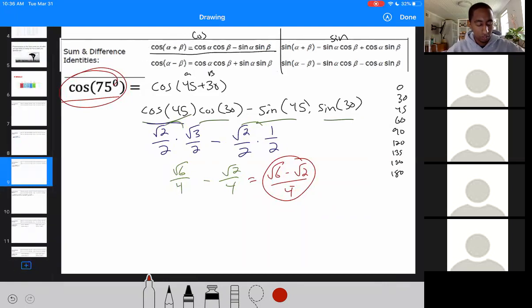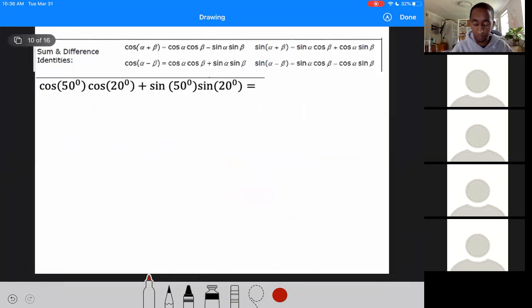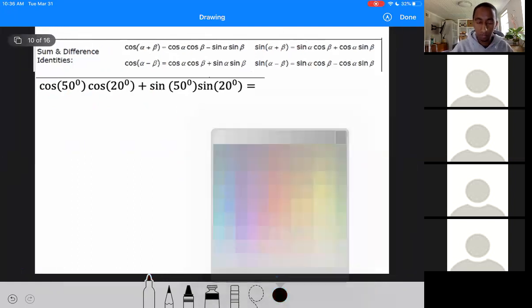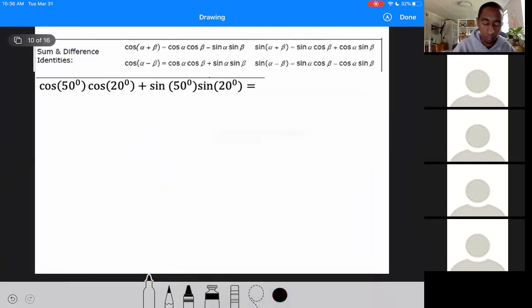All right, let's look at this one here. And then this is the last one with sum and difference identities. I want you to look at this and think about what you would, beautiful, yes, beautiful, Fabian, thank you. Look at this and see what you think you could do to solve this problem.